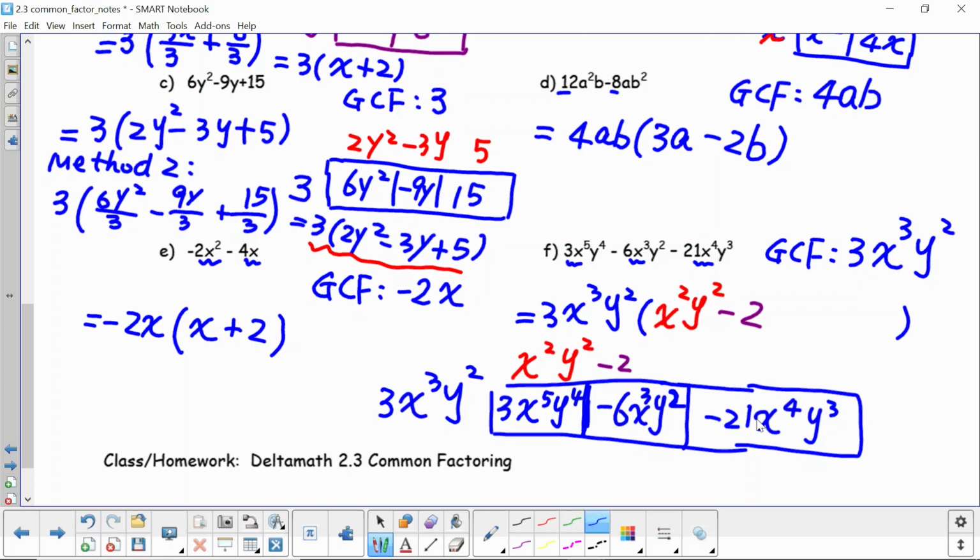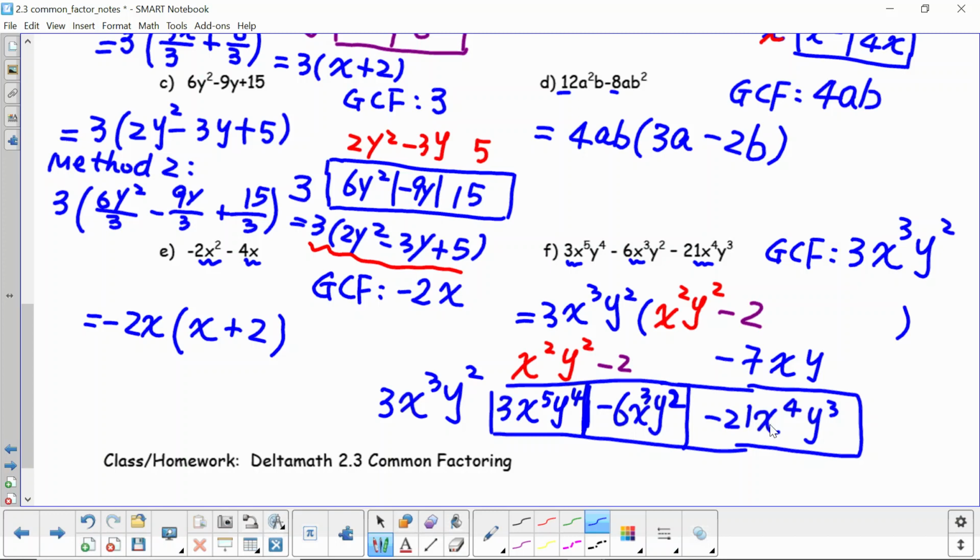The last term, negative 21 divided by 3 gives you negative 7. X to the exponent 4 divided by x cubed. Degree, 4 minus 3 gives you 1. And the last one, y cubed divided by y squared. 3 minus 2 gives you 1.